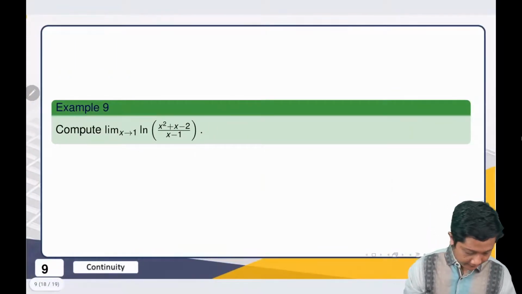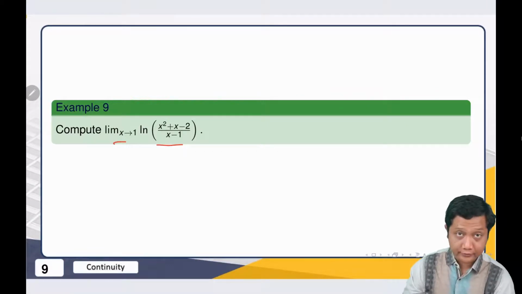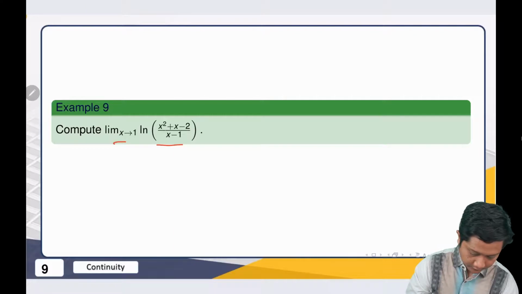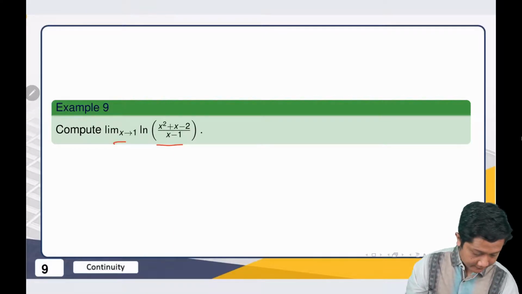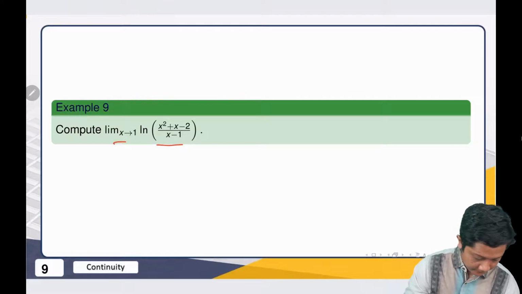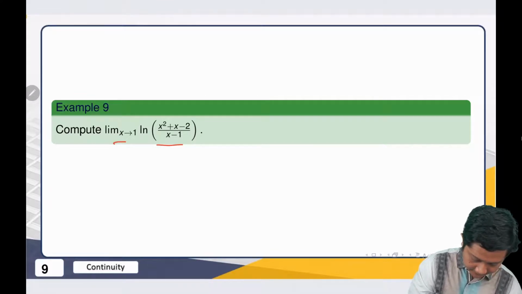For example, if we want to compute the limit as x approaches 1 of ln of (x squared plus x minus 2) over (x minus 1), then how do we do it?